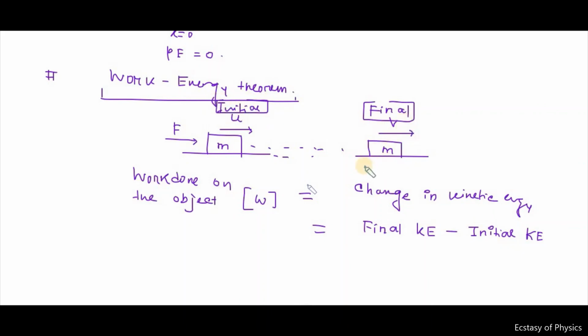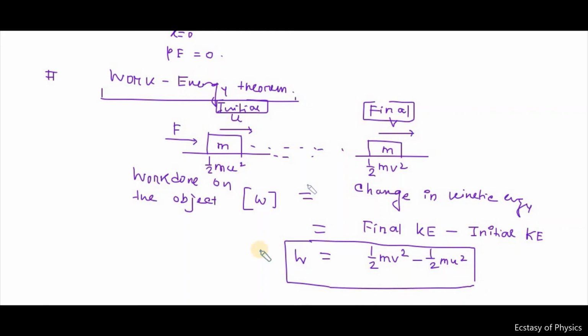Since the velocity at the final location is v, the final kinetic energy becomes half m v squared, and the initial kinetic energy is half m u squared, since at the initial location the velocity is u. So the expression is half m v squared minus half m u squared, and that is equal to the work done W. This is known as the work energy theorem.